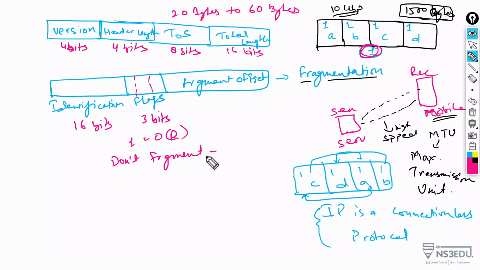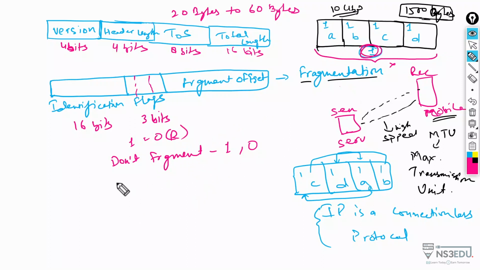If don't fragment is 1, it means we are agreeing on this statement: there will be no fragmentation from here to here. If it is 0, then we are denying this statement, which means we are fragmenting things, just like this.